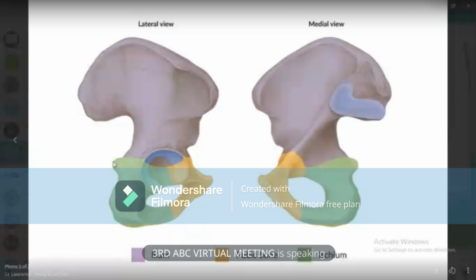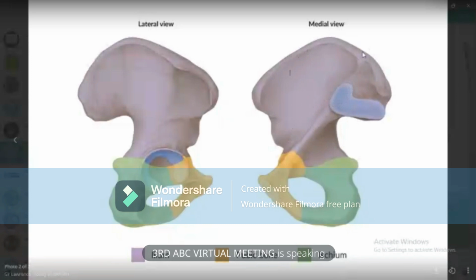We're going to talk about the details right now. So this is the lateral view and this is the medial view. Alright, so we're going to look at the medial view and describe each of these bones. Let's start with the ilium. From this ilium now, you will notice that it has on its medial aspect a depression here.